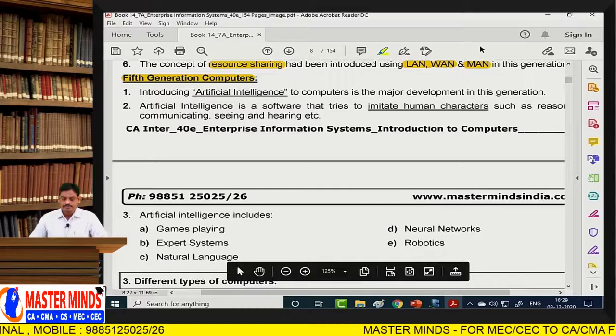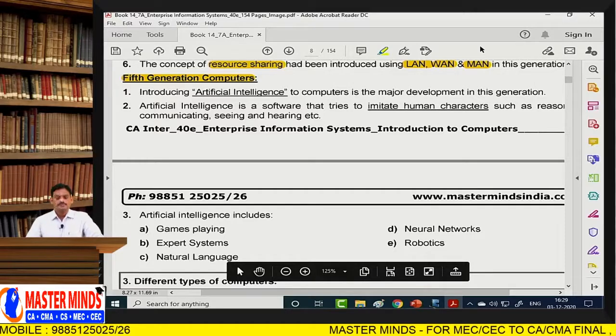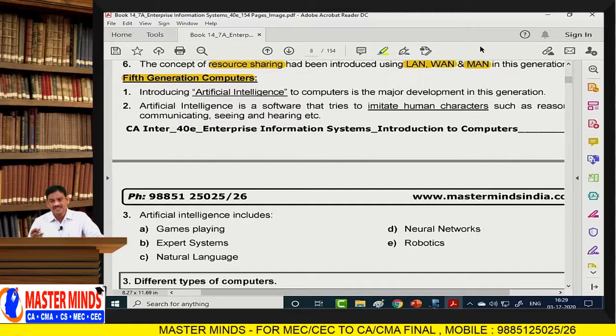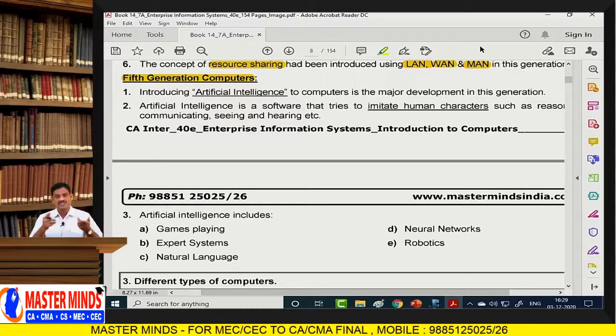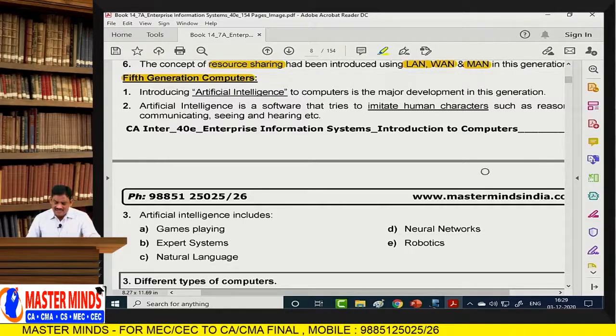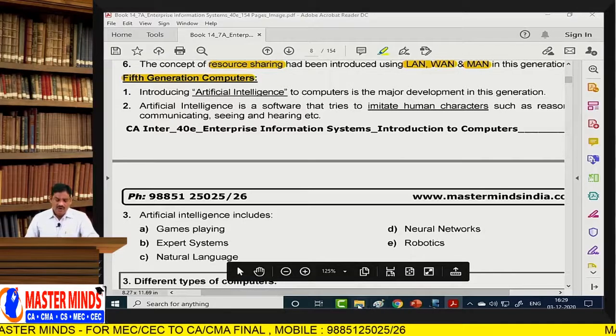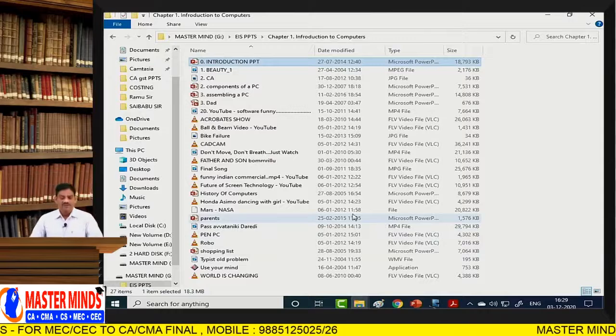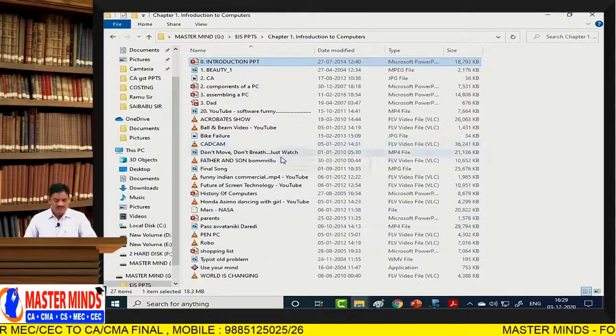Nowadays, we have a concept called artificial intelligence, AI. Artificial intelligence, expert systems, neural networking, machine learning, robotics, all these are examples of fifth generation of computers.